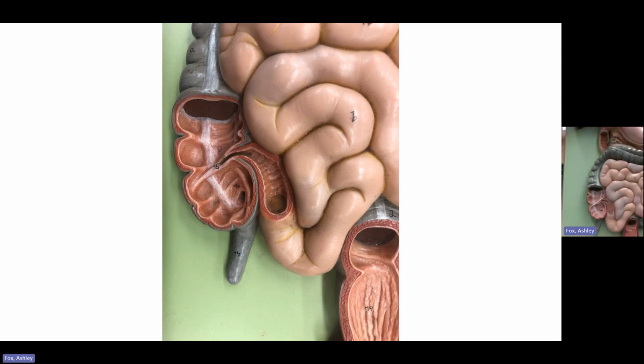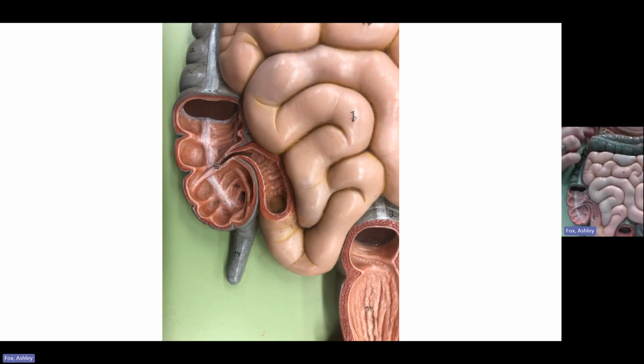Still coming back to this model. Now we have gone from the duodenum up here, to the jejunum, and the ileum is right here. We have a little valve or sphincter coming down. You can see where it narrows and kind of comes down and enters.